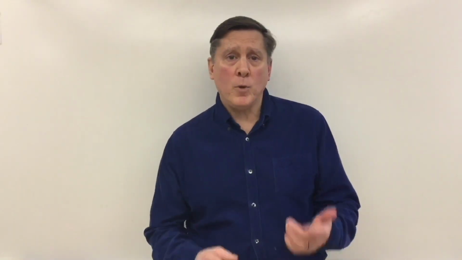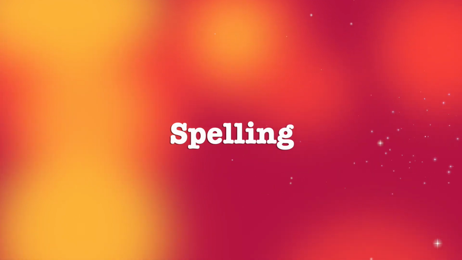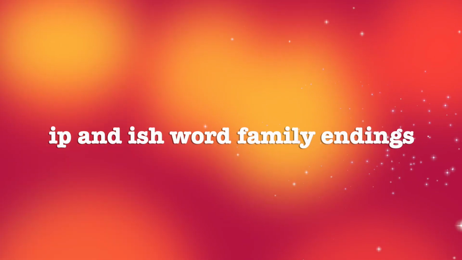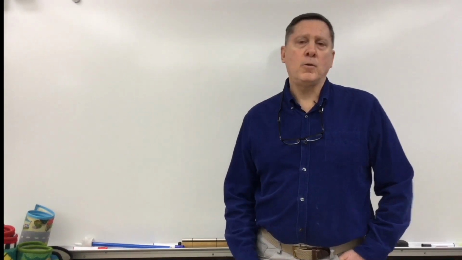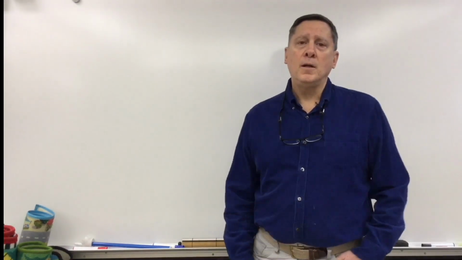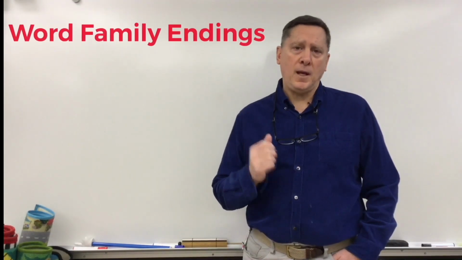Well, let's take a look at what the topic for today's episode is going to be about. Alright, in today's lesson, we're going to be doing some spelling. When it comes to spelling for the early grades, kindergarten, grade 1, the best way to teach spelling is through word family endings.